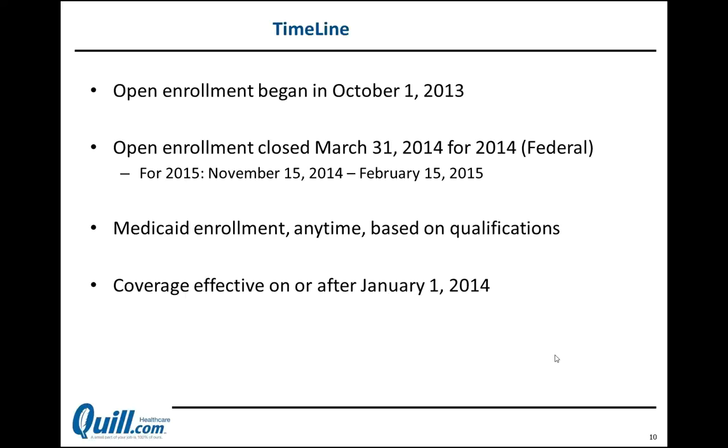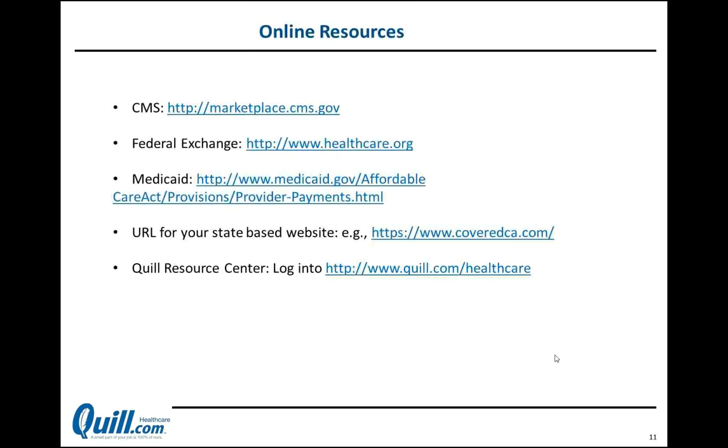And then the open enrollment period closed on March 31st, and then it will once again open up this November on November 15th, and this time it will go through February 15th of next year. However, at any point in time, any participant beneficiary that's qualified can enroll in Medicaid, and coverage under the health insurance exchange products began this year, right on January 1st.